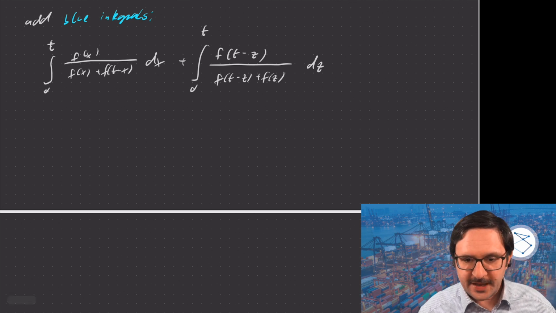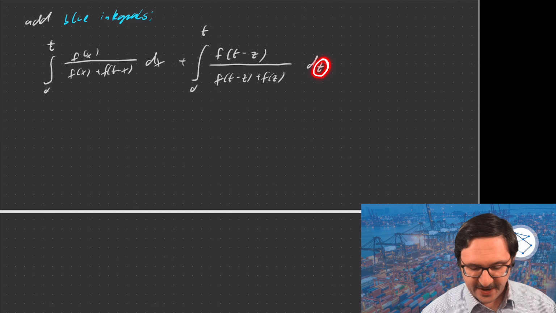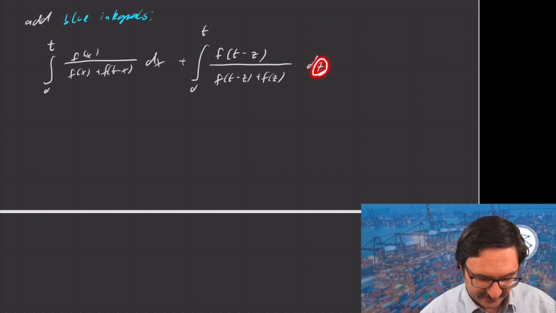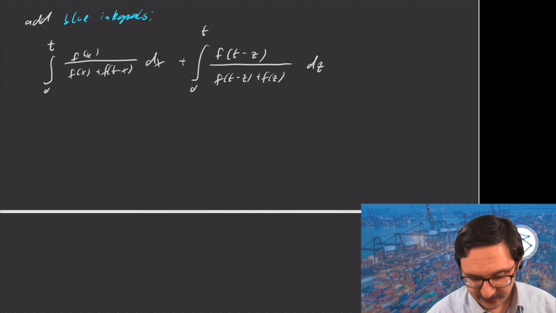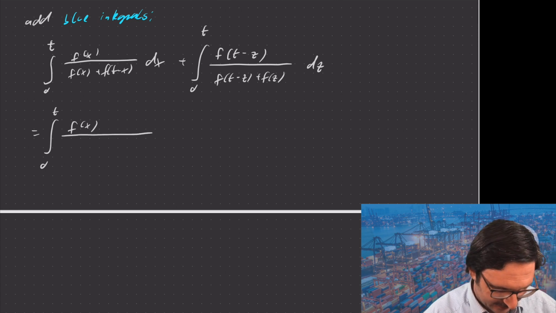Now we can do that, and of course the name of the integration variable in here is actually totally irrelevant. Whether we call this z or x does not change the value of the integral a bit. So to be more consistent, we could just rename that.